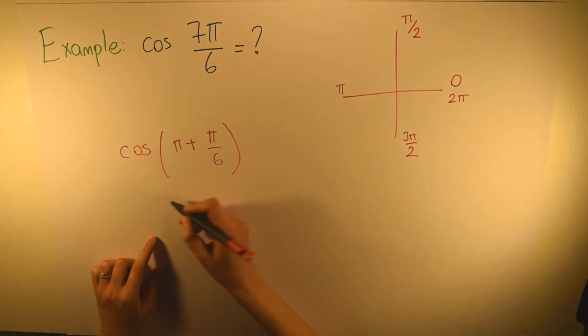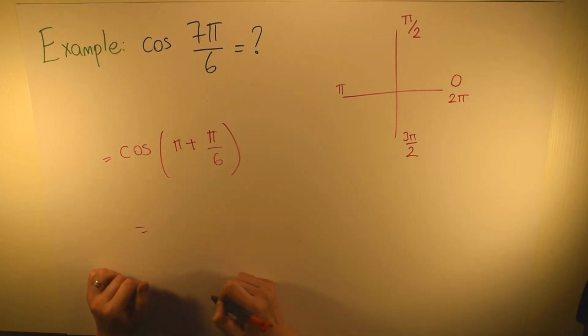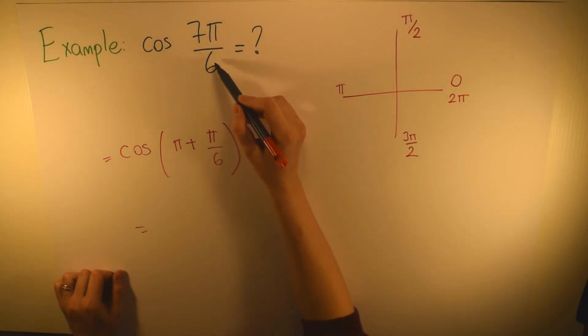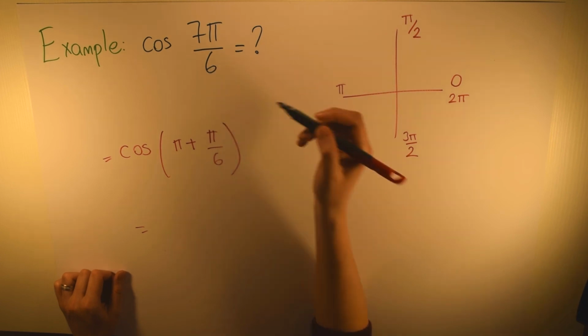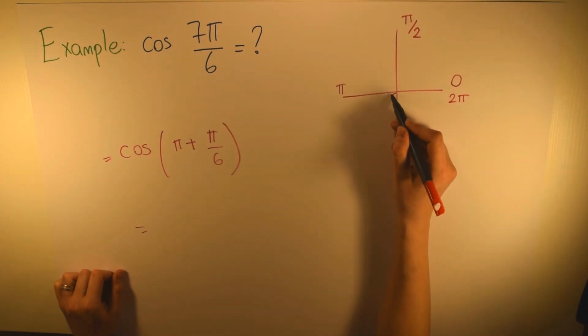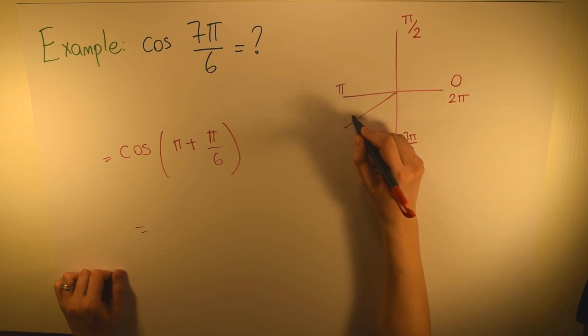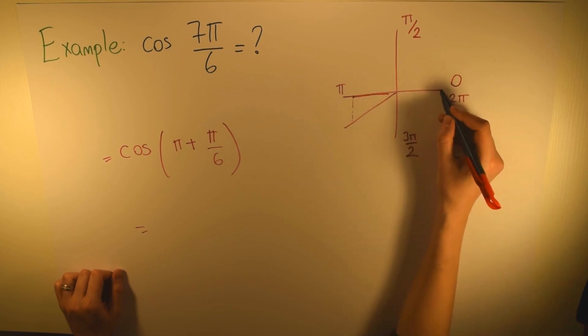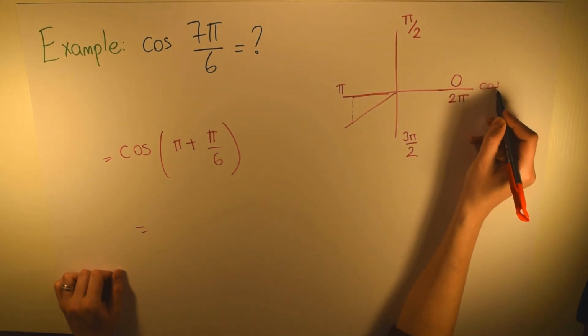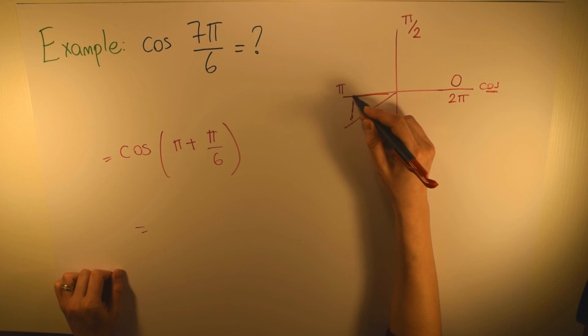So let's look at the sign. 7p over 6 is more than p, so it is somewhere here. Cosine here is on the negative side. As you can see, this is our cosine line, right? So cosine is on the negative side.